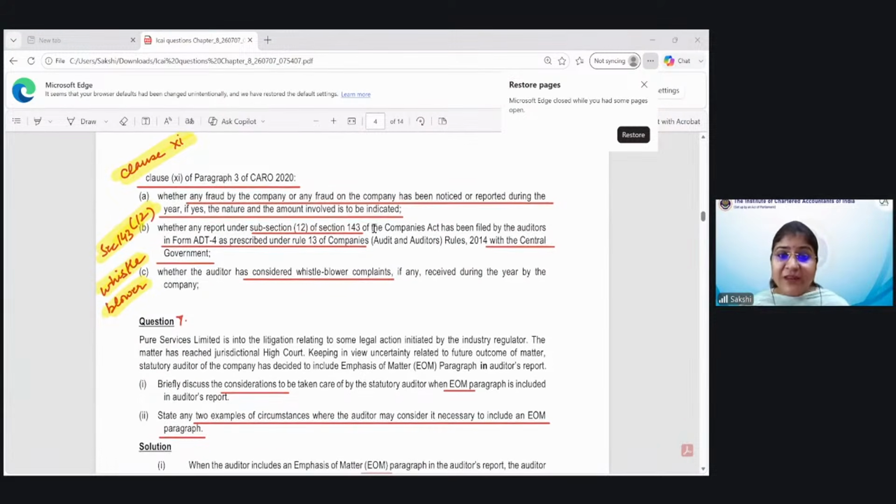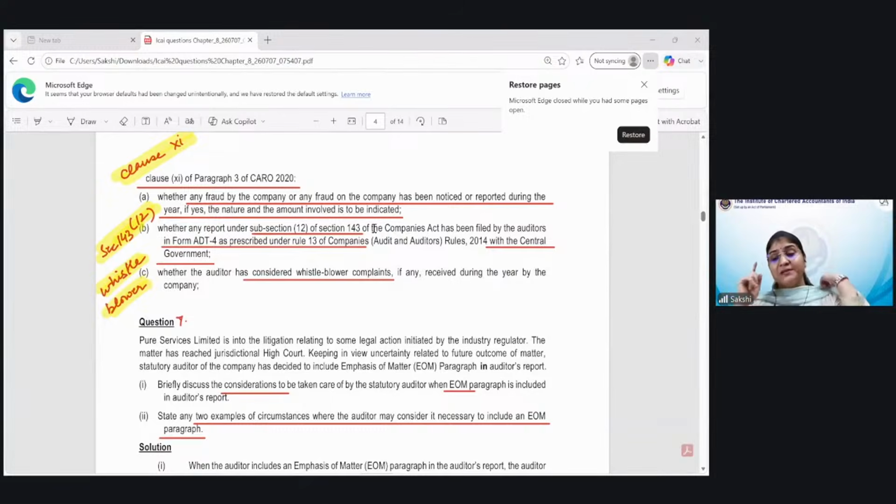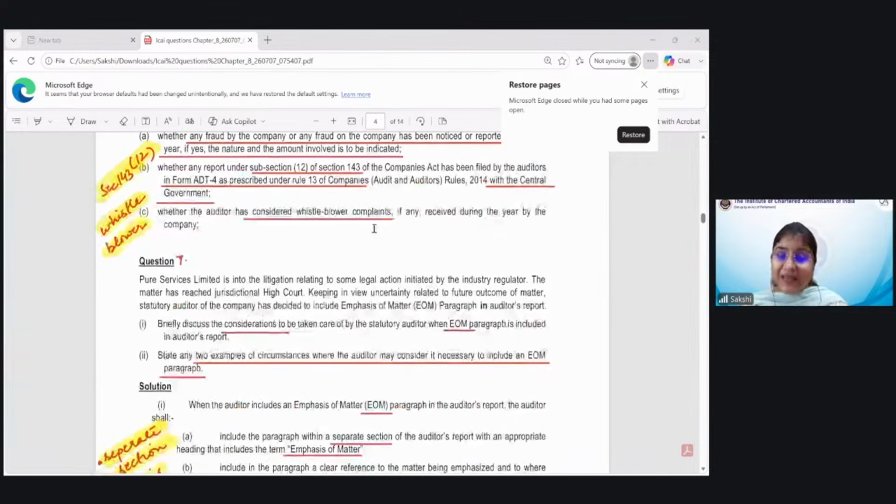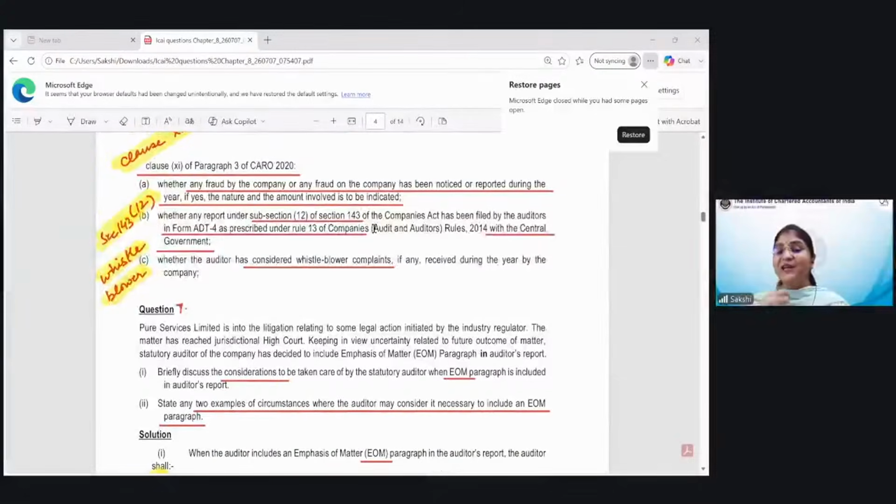Then whether any report under subsection 12 of section 143 of the Companies Act has been filed by the auditors in form ADT 4 as prescribed under Rule 13. Even if you don't write the rule, it is perfectly fine. What you have to remember is section 143 subsection 12 and form ADT 4 with the central government. Then whether the auditor has considered whistleblower complaints, if any, received during the year by the company.